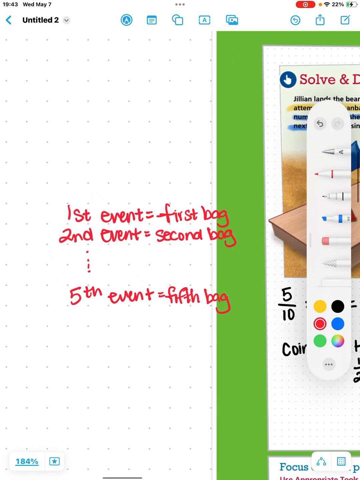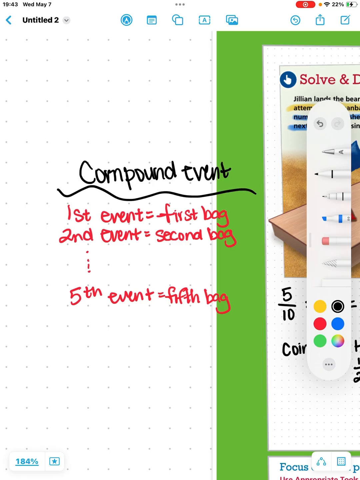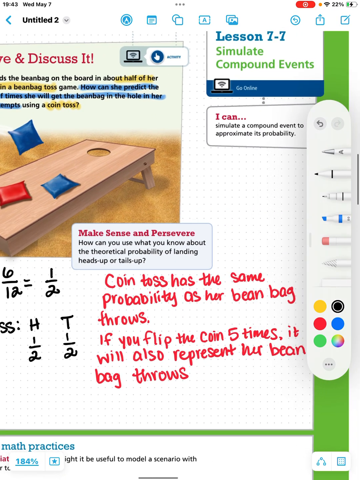So that's where these compound events come from. Keep in mind your compound event is just more than one event happening.